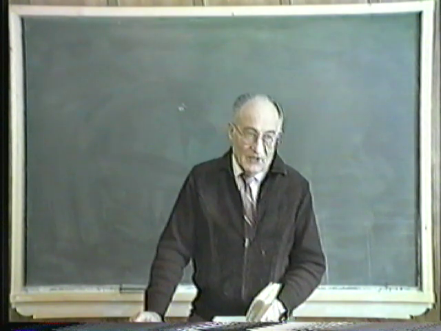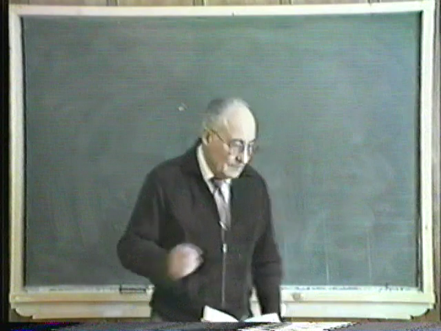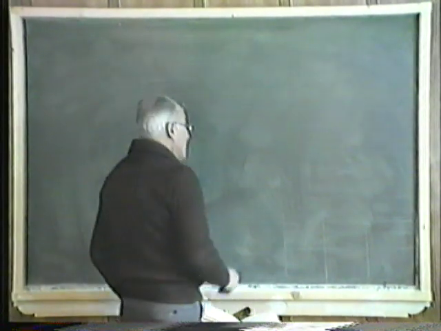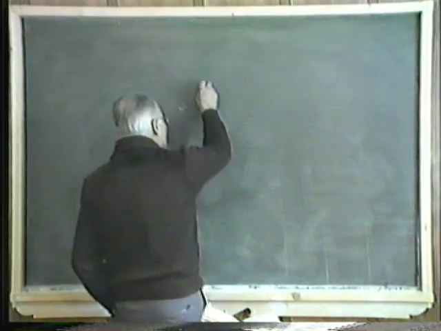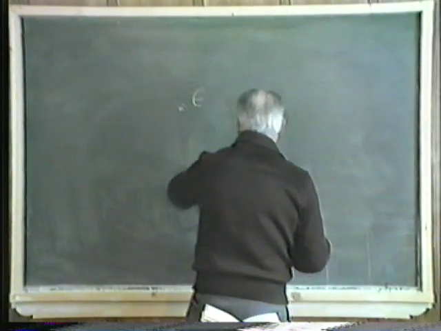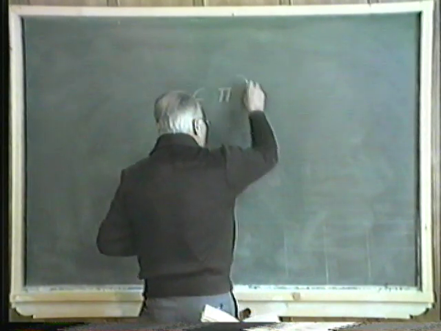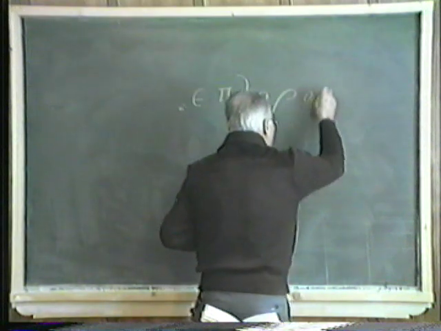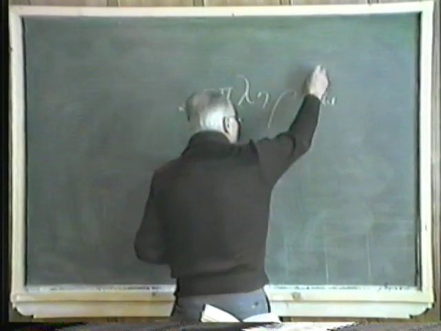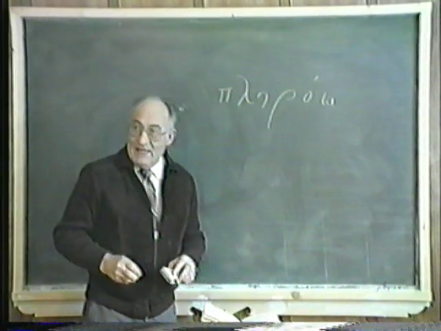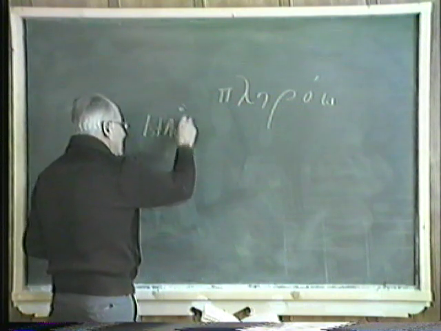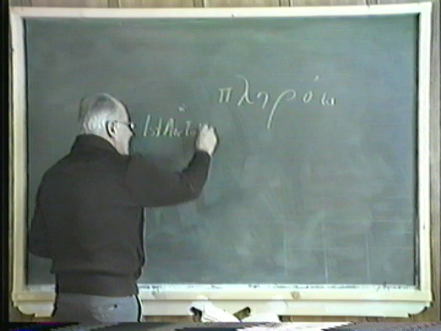Now you learned your lesson yesterday with reference to the first aorist indicative. However, the first aorist indicative always has your augment. So let's just put it up. Plerao, plero. All right. Now, I want to make it the first aorist indicative active.